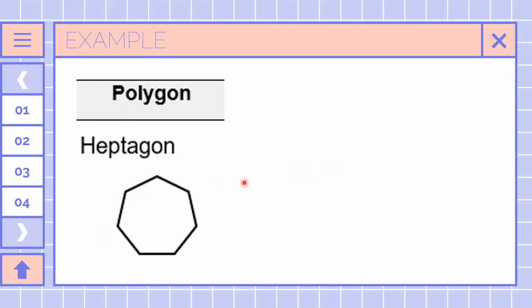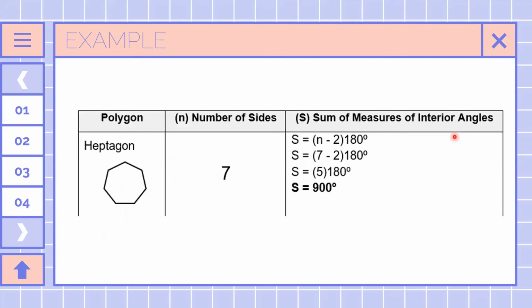So, using the formula, our formula to get the sum of the interior angles is S is equal to n minus 2 times 180 degrees. Since the heptagon has 7 sides, we substitute the value of n. What is our n? 7.